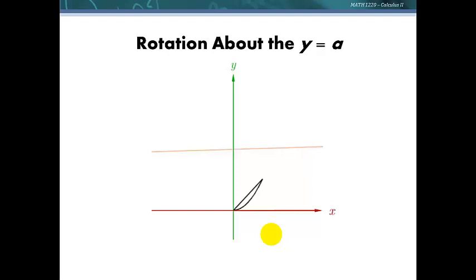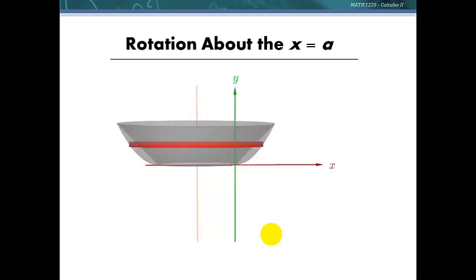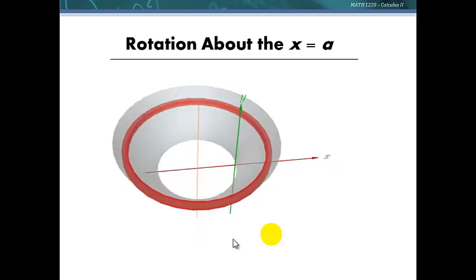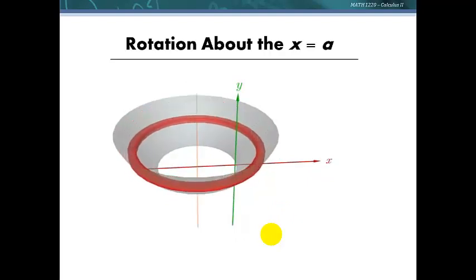Now let's look at one last case: we could rotate around a vertical line, x equals some a value. Start to picture what it would look like rotated around here. Once we have this solid formed, the cross sections are still going to be washers, but you've got to be careful how you express the radius, because it's not simply x as that function of y.